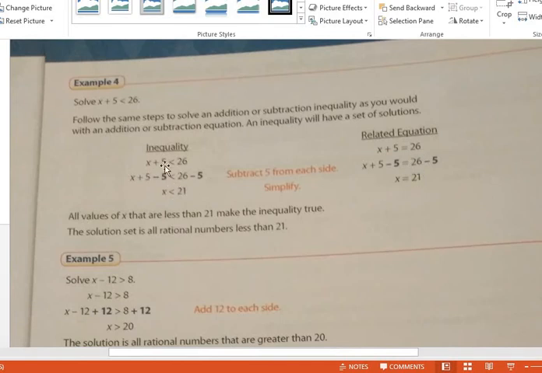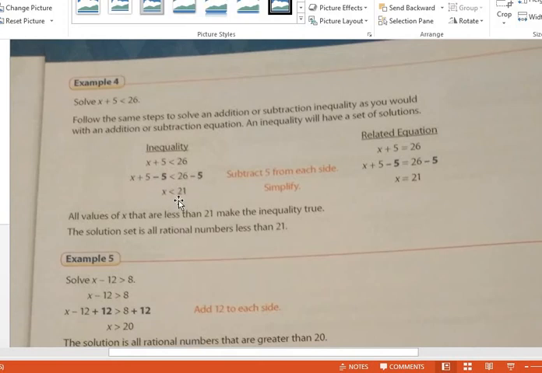I can do the same in the inequality. x plus 5 less than 26. I want to remove the positive 5, so I'll add negative 5. Positive 5 minus 5 gives me 0. So x will be alone, and 26 minus 5 is 21.